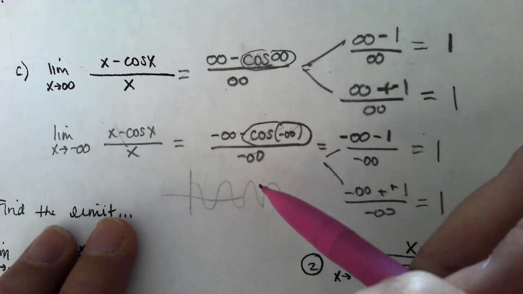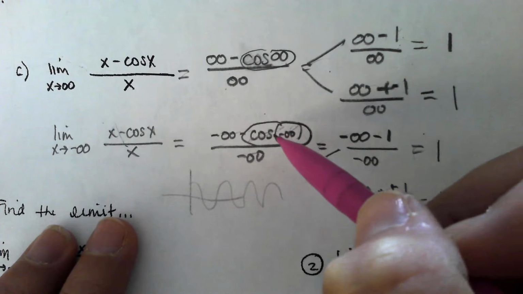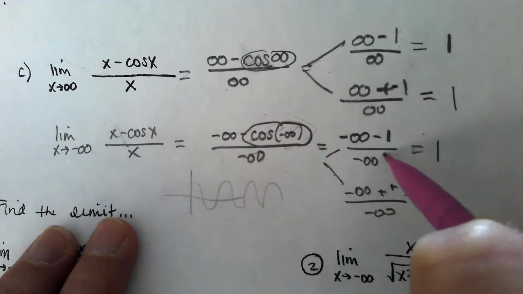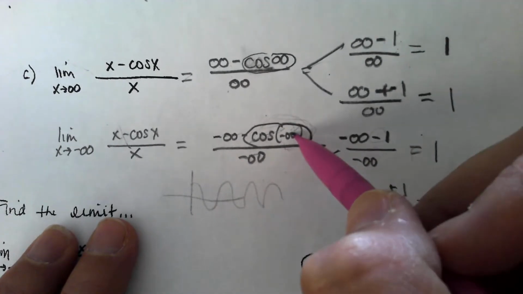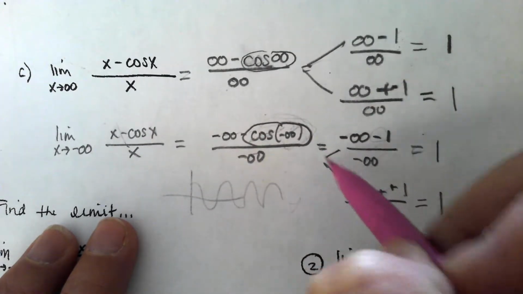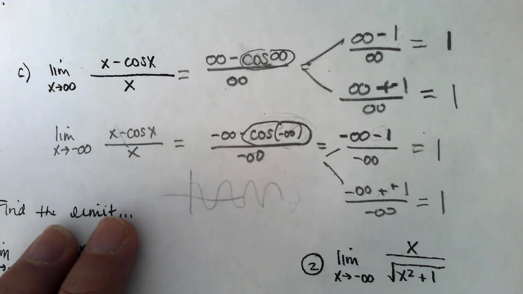But what we do know about it is that it's going between 1 and negative 1. So at max, this will only ever be 1, which is ignorable. And at minimum, the value of this portion of the function will only be negative 1, which, again, you're just adding on 1 or subtracting 1, or adding on 0.5 or subtracting 0.5. That number is completely ignorable when you're talking about infinity plus it.